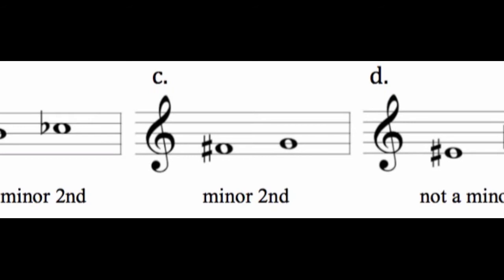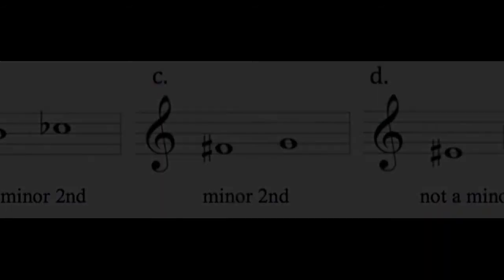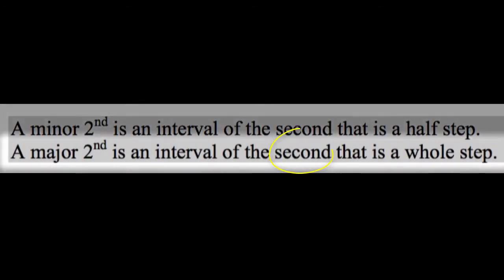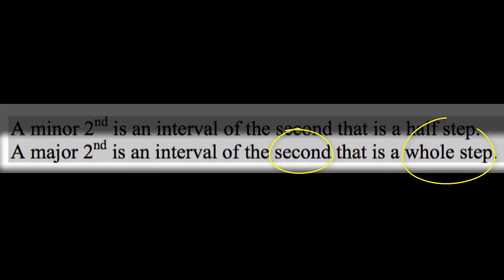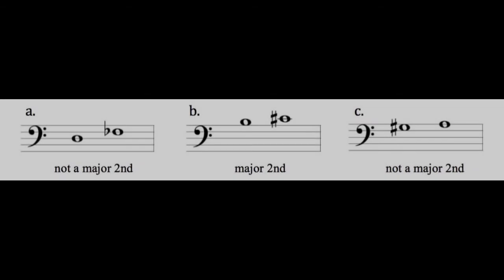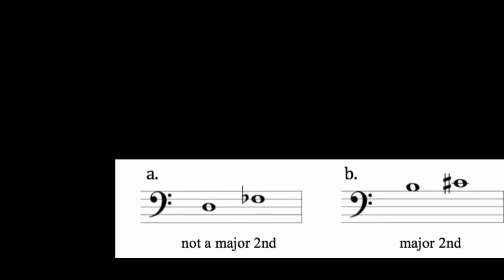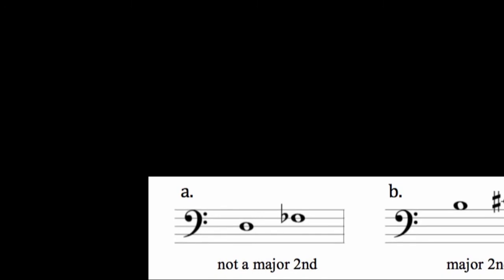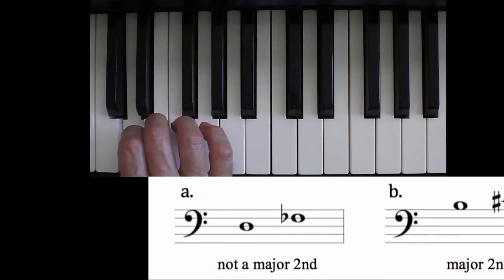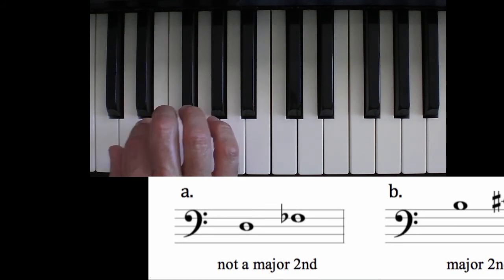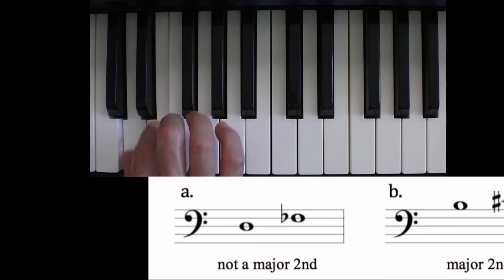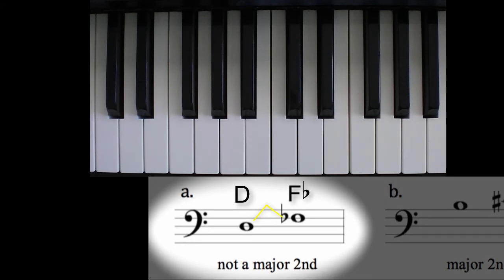For the major second, there are also two criteria. Again, the interval must be a second, but it must also be the distance of a whole step. Both conditions must be true to label an interval as a major second. In these examples, only one is a major second. We will test both criteria. In A, we see the distance of a whole step, but it is not a second.